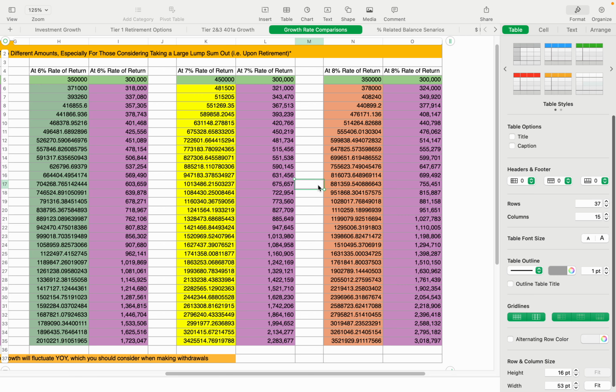Using that same number, here it's 816,000. So this is, again, 1 year, 2 year, 3 year, 4 year, 5 year, 6 year, 7 year, 8 year, 9 year, 10 year. So we're here at 10 year, 755 versus 626. We're looking at about $130,000 difference just with that 2% investment rate, 350,000.